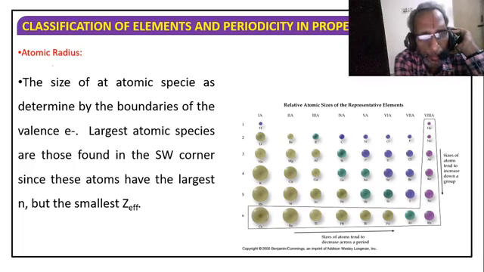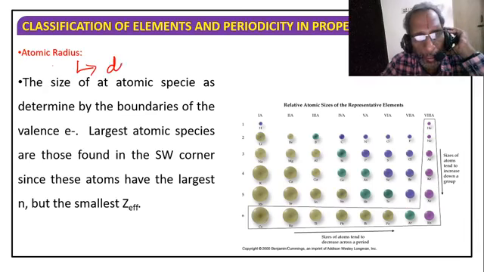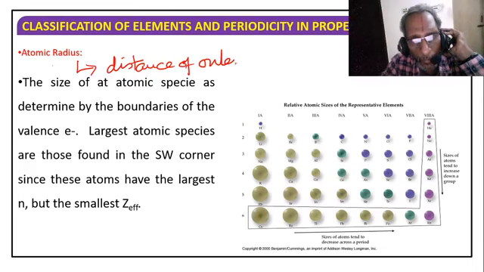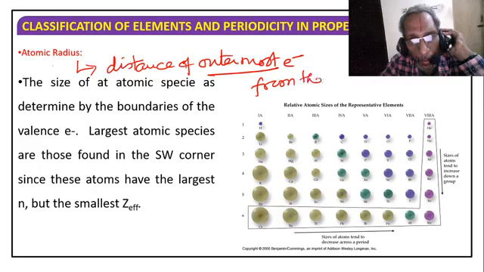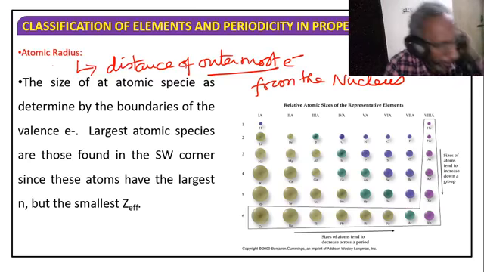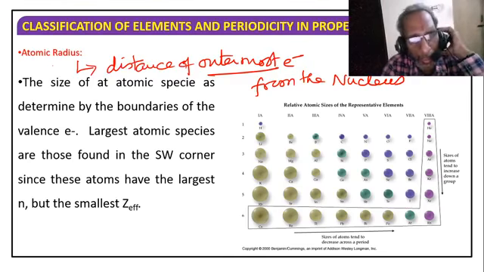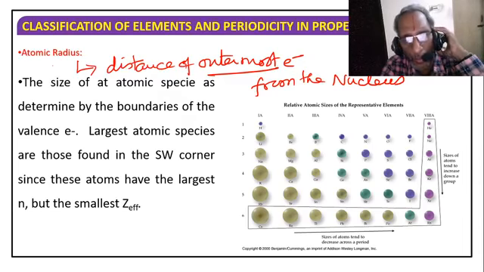Atomic radius. In your book there is a definition, please make a note. Radius is defined as the distance of the outermost electron, not all the electrons, from the nucleus. So the radius of a species, whether it is an atom, cation or anion, is the distance of the outermost electron from the nucleus.